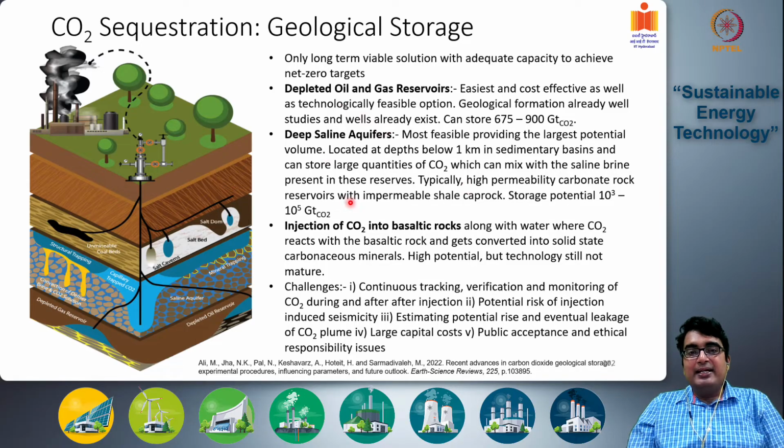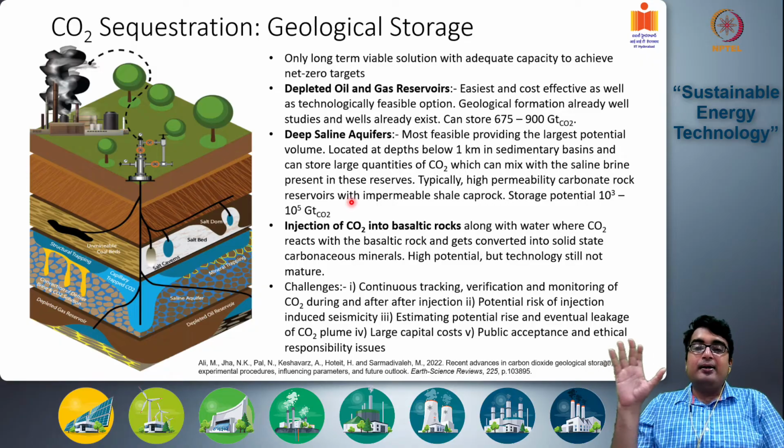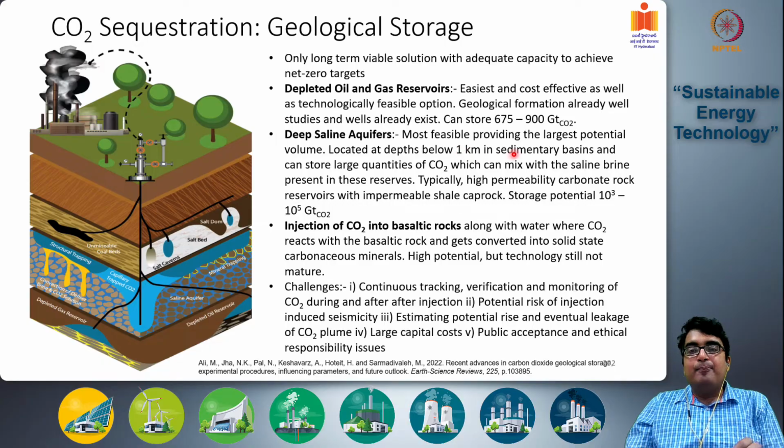The next part is deep saline aquifers. These are basically porous rocks filled with saline water or brine at high pressures. Okay. So this is the most feasible option and provides the largest potential volume of CO2 storage. Okay.